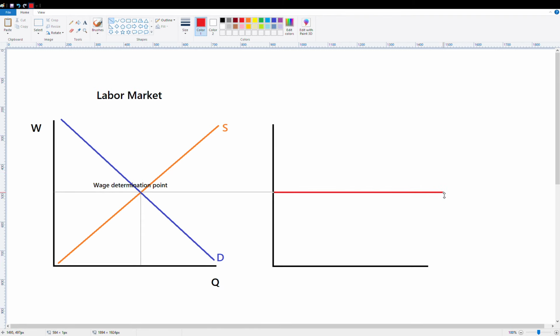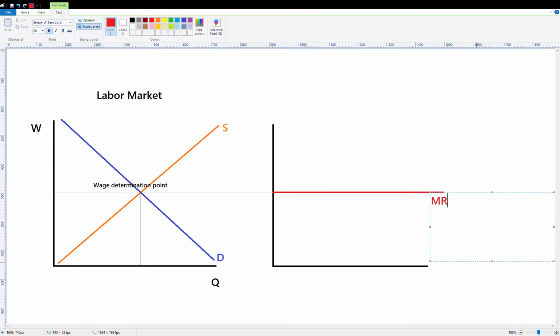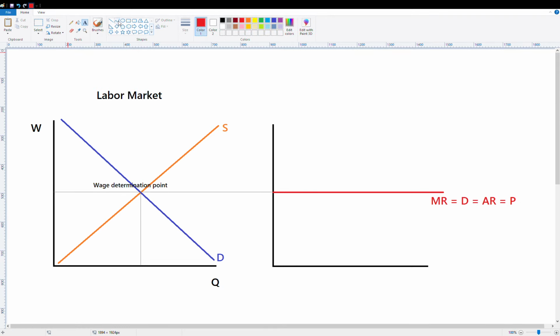Usually it's MR equals D. So the marginal revenue is equal to the demand curve, which is equal to the average revenue, which is equal to the price. But here there is no price, it's just wage, so let's replace that with wage. We forgot about the ATC and the MC.